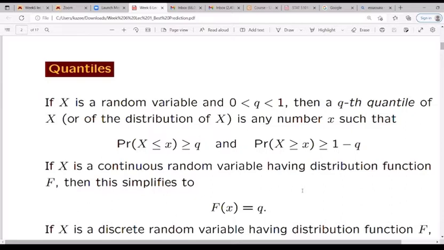If I want to guarantee that 95% of my customers receive their orders within 24 hours, maybe I'm a supplier who sells products, how much inventory do I need to keep on hand?